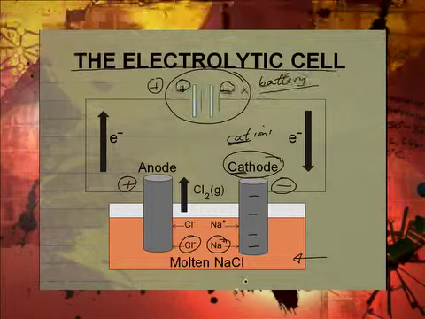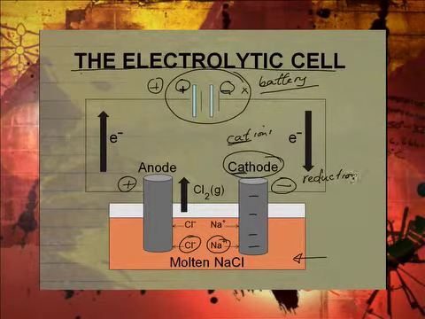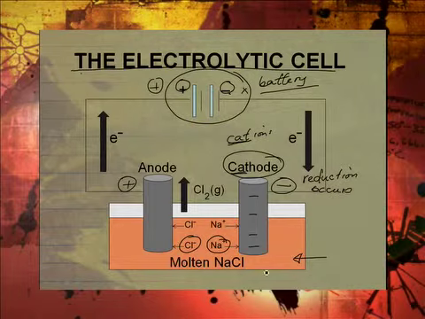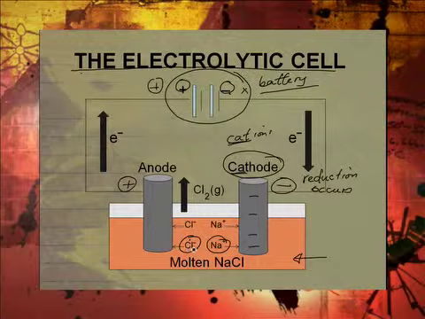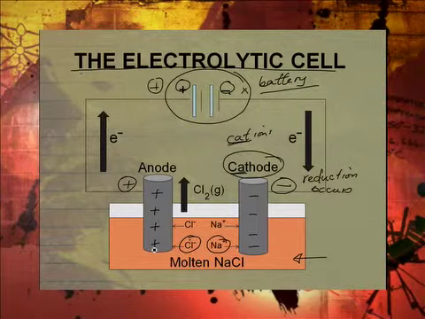All right. But then, to be simple, we call this electrode here a cathode because this is where reduction occurs. Simple as that. On the other side, we see the negatively charged chloride ions attracted to this electrode here that is positively charged.